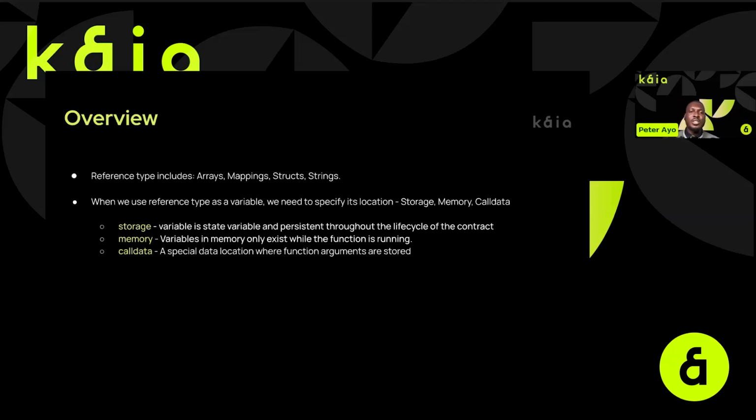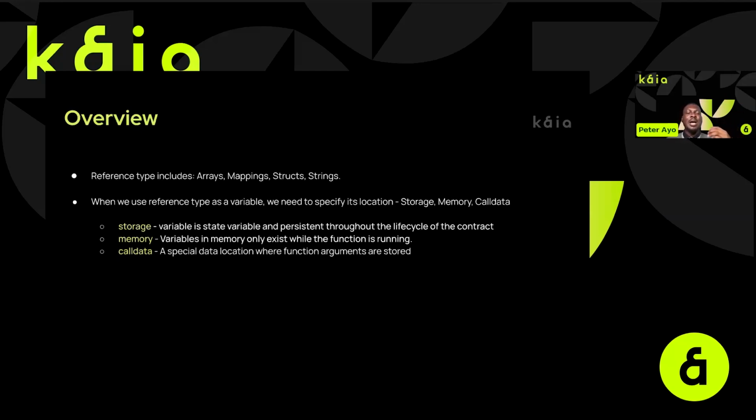And so to the last one, which is call data, right? This is a special data location, usually for function arguments, especially external functions. This is where you store your external function arguments. Now, it is non-modifiable, right?